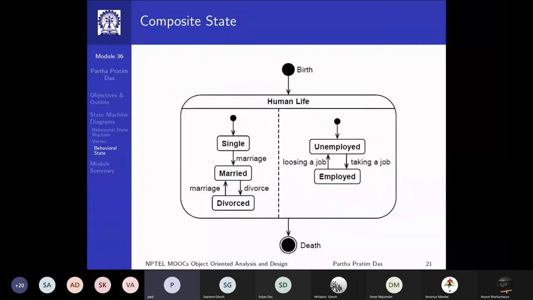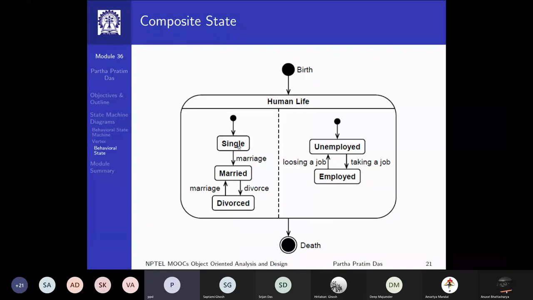Let's look at a more realistic example, though still very high level. This is the behavioral diagram of how we live. You are born, and so the state is human life. You are alive, and finally, we all end up with the end of life in death. And there are two regions describing this. One region is talking about your marital status.